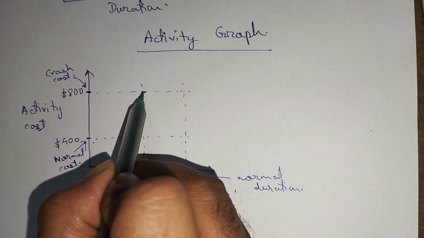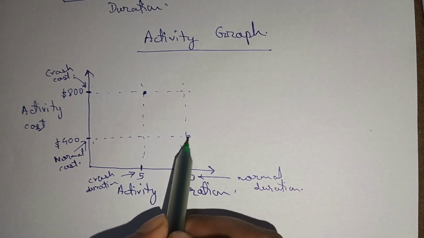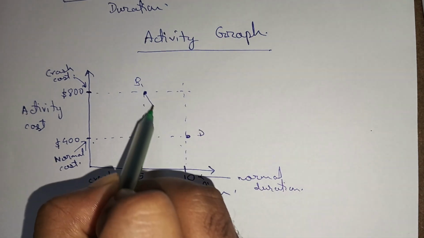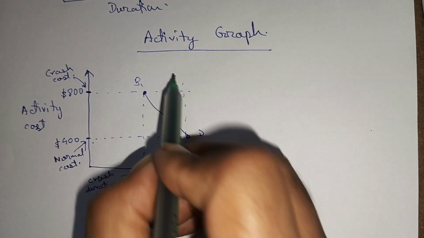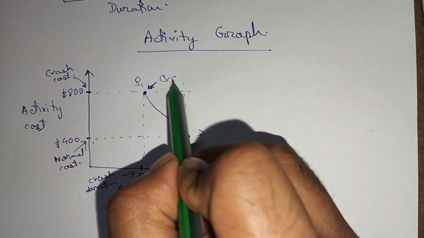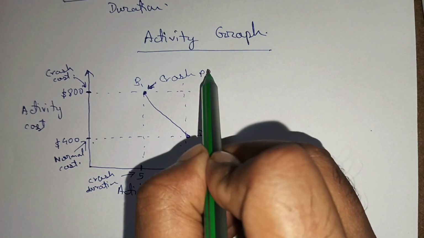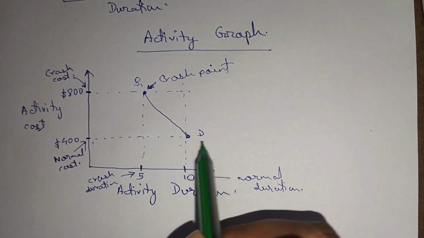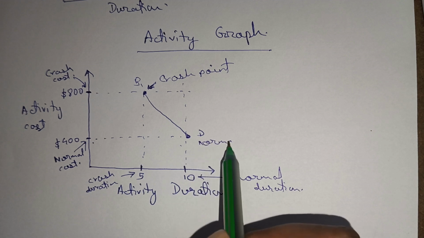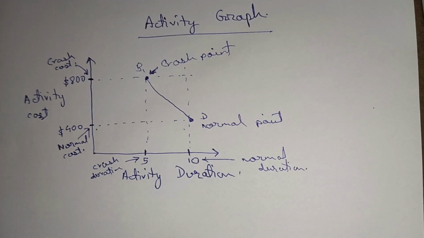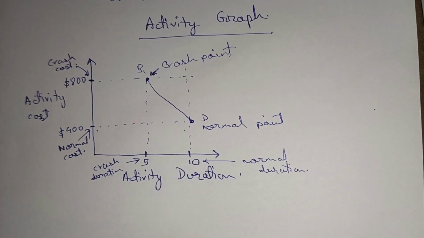So you'll have these 2 points, let's say points B and D. Okay, so if you draw a line here, this is your crash point, and this D is your normal point.